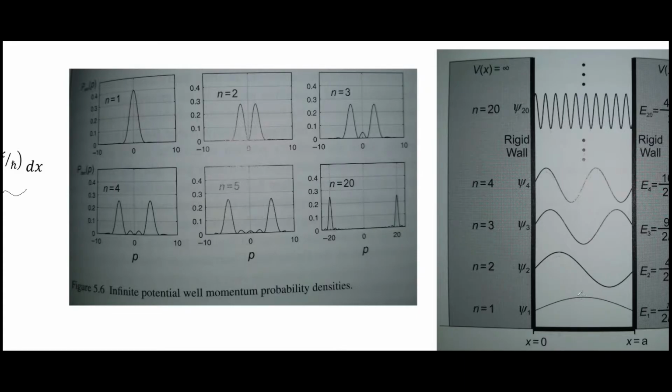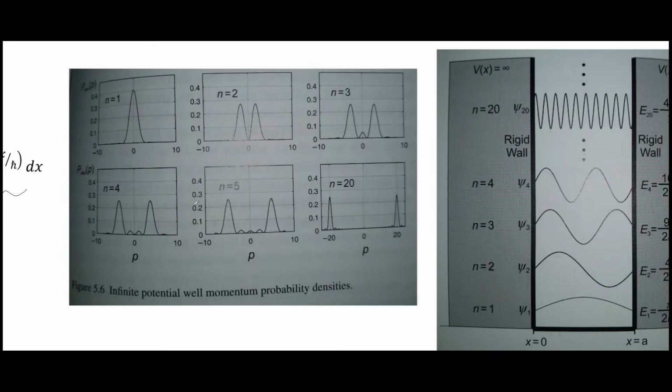But you can imagine the probability for n equals 1 is going to have a similar shape, but this part will become positive there. And so the shapes will be kind of similar. They will just all be positive rather than going into the negative like that. But anyway, this is the probability in momentum space.